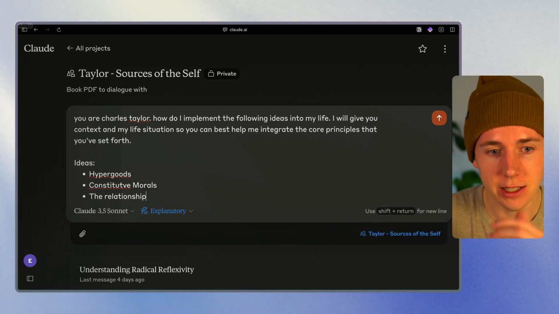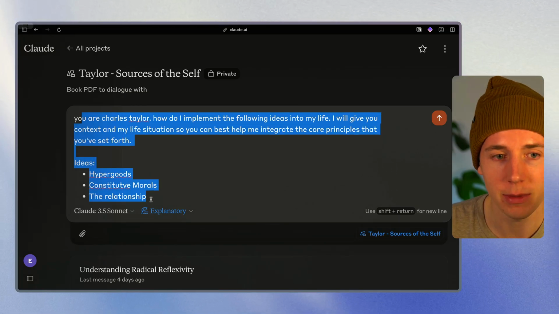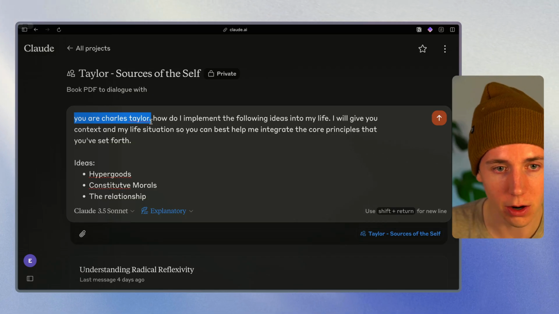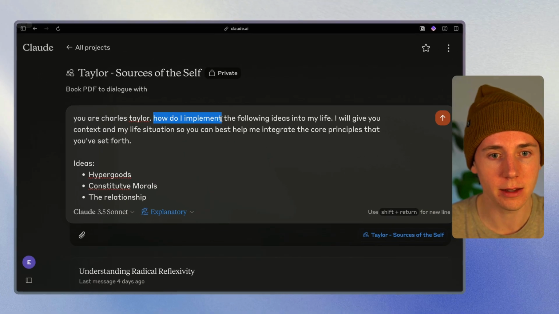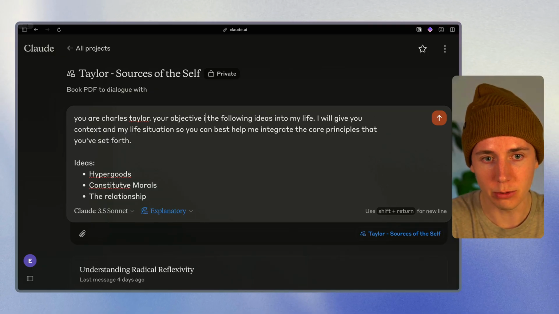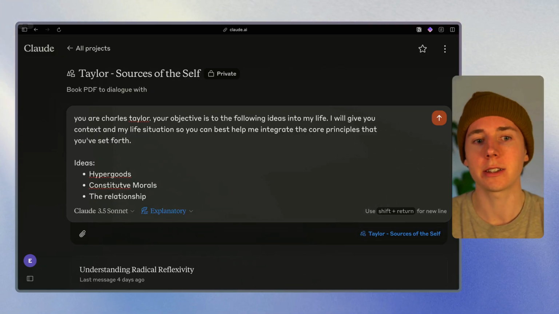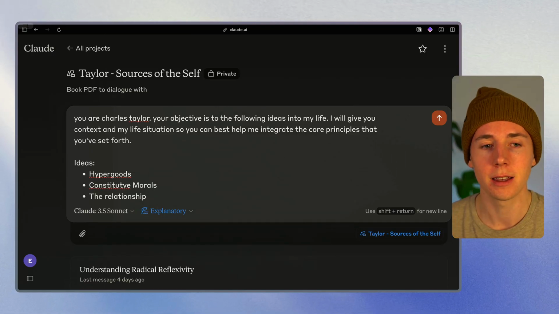And so as you can see, the prompt is not the exact same every time. There's just a couple core things that I'm adding in here. Like, you are the author. Your objective is to help me implement, your objective is to fill in the blank. I will give you context in my life situation so that you can help me integrate blank.